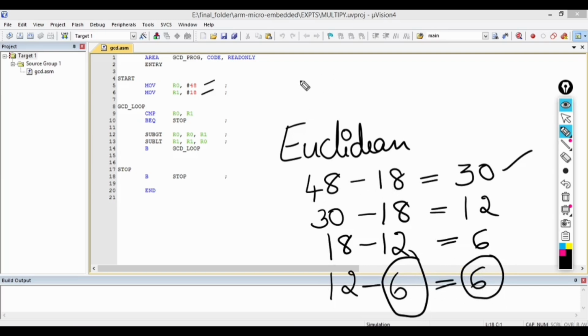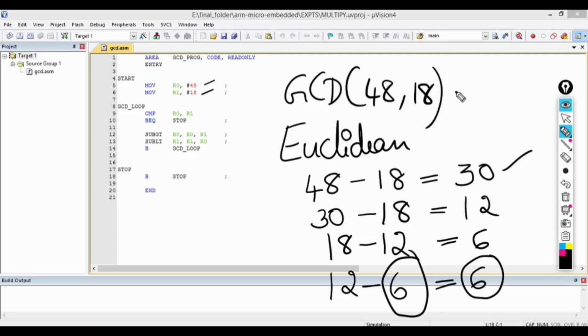That is, the GCD of 48 and 18, or the greatest common divisor for the numbers 48 and 18, is equal to 6. This logic applies for any number considered here which is greater than 0. Now let's implement this particular logic and see how it works.